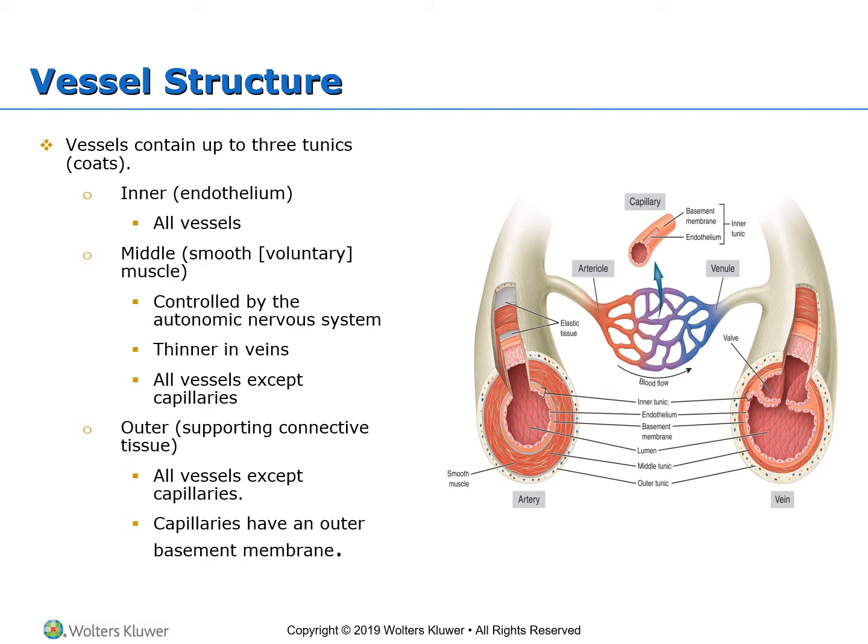Something else that happens, and it's important in the veins, is that they have what is called a valve, and those valves, because most of the veins will be pushing blood against gravity, will prevent the reflux, the backflow of the blood due to gravity in between the heart contractions.